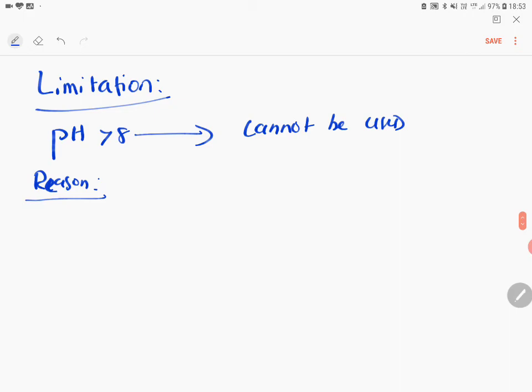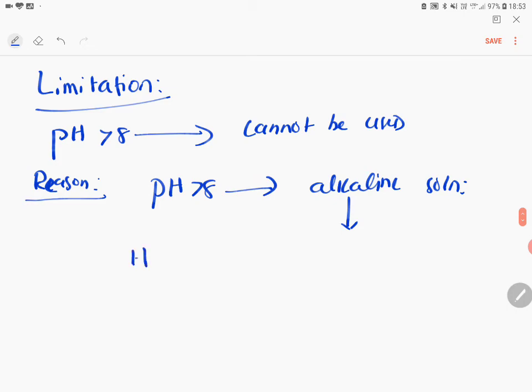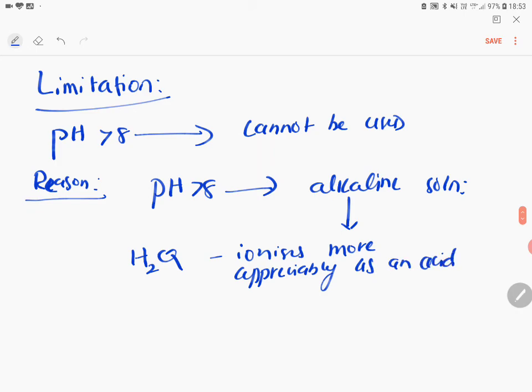Reason is, if pH is greater than 8, then you will get more of an alkaline solution, as a result of which H2Q, that is hydroquinone, ionizes more appreciably as an acid and no longer is it in the solid state.